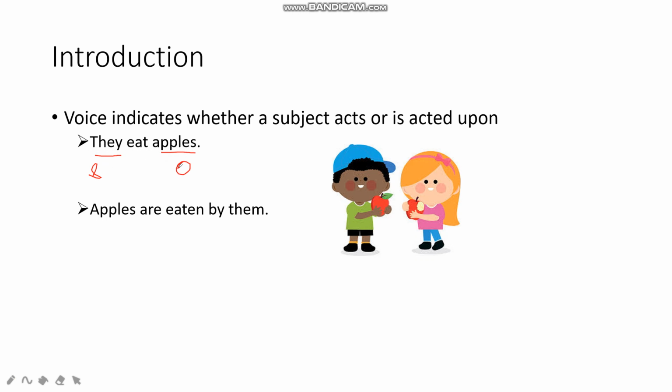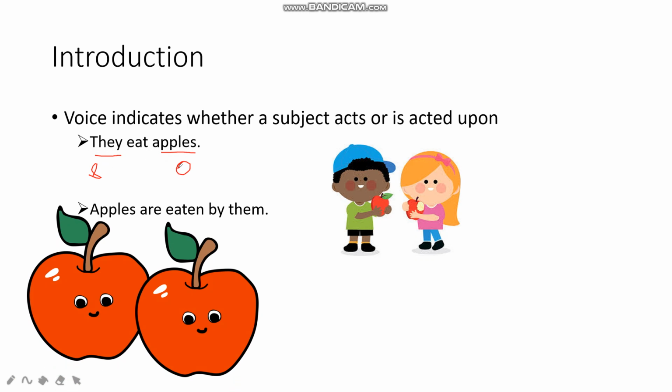So the next sentence that we are going to talk about is apples are eaten by them. Now, in this sentence, apples becomes your subject and by them becomes the object, where the action eaten is still emphasizing on them.